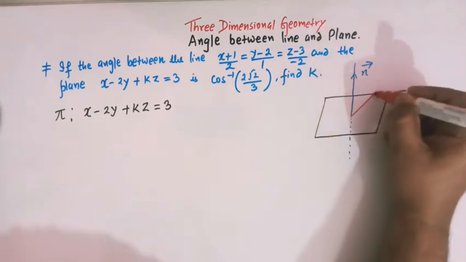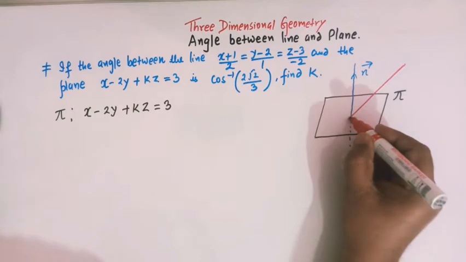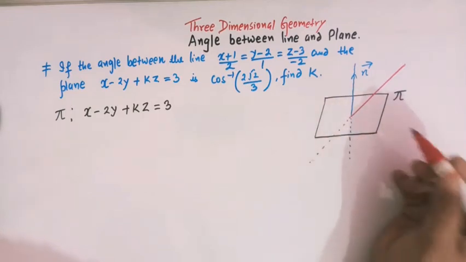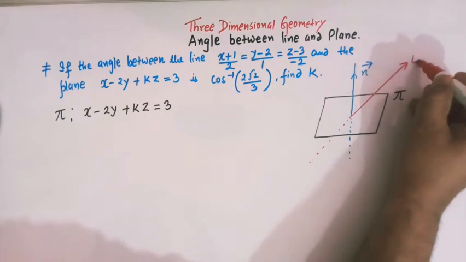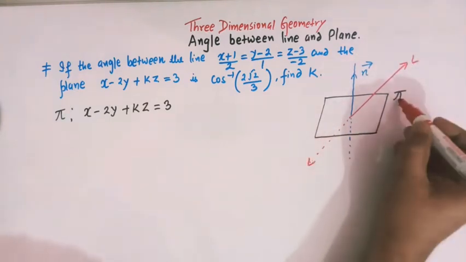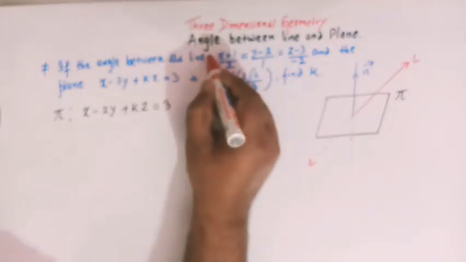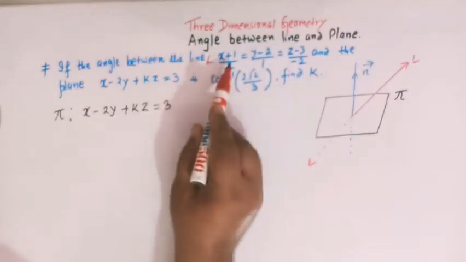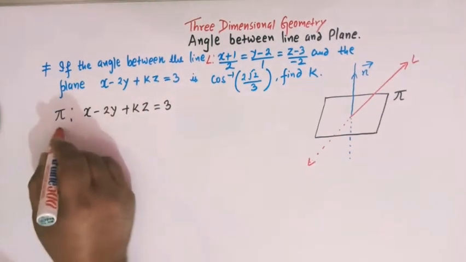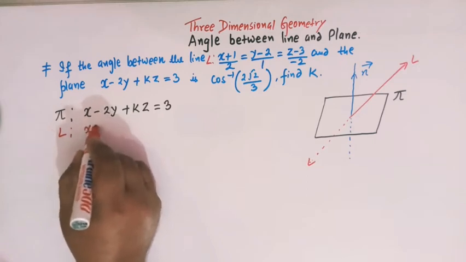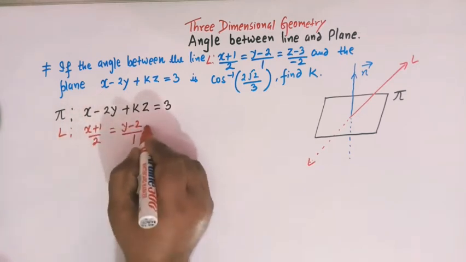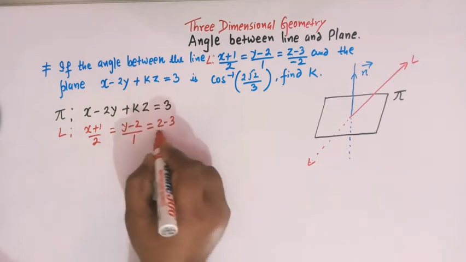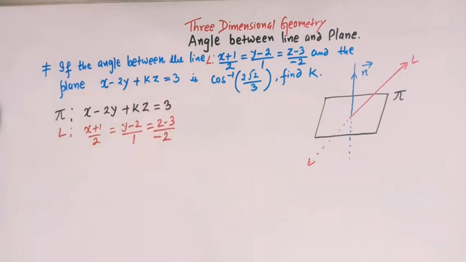Suppose this is the line, and we have to find the angle between this line L and this plane pi, right? So let us denote this line by this letter L. So we have the line (x + 1)/2 = (y - 2)/1 = (z - 3)/(-2), right?